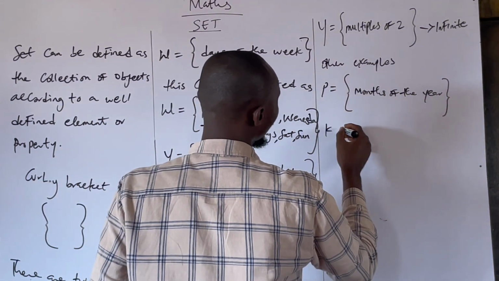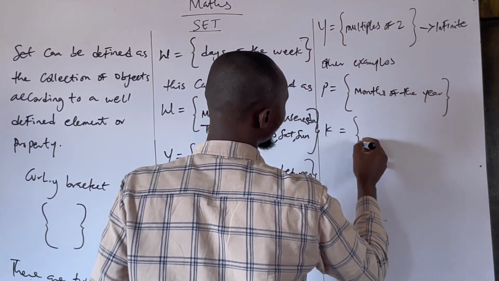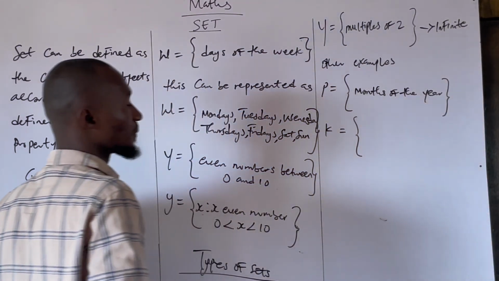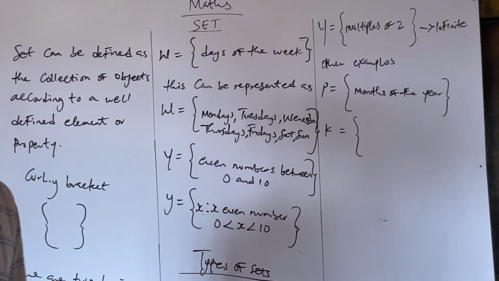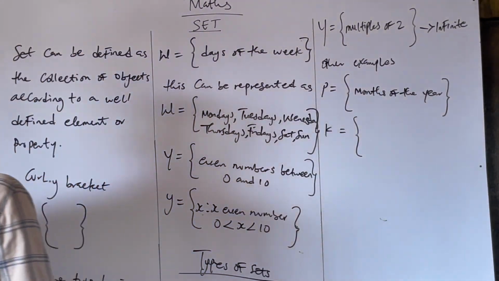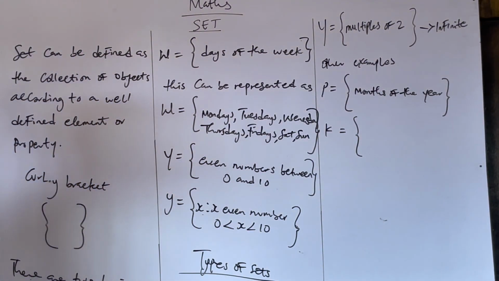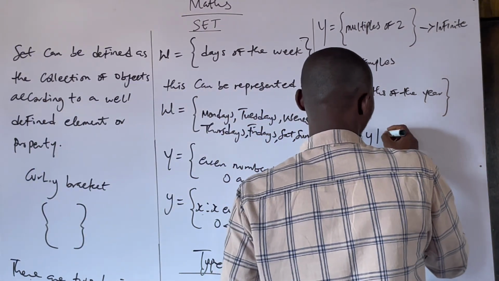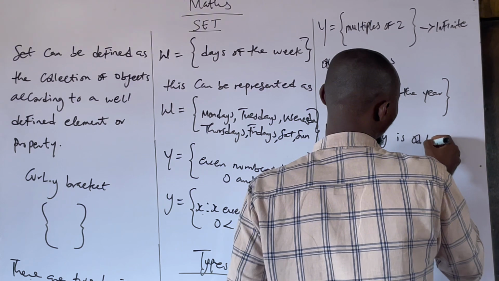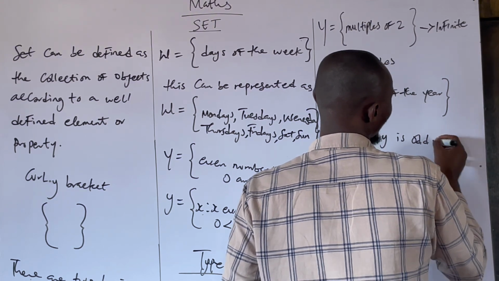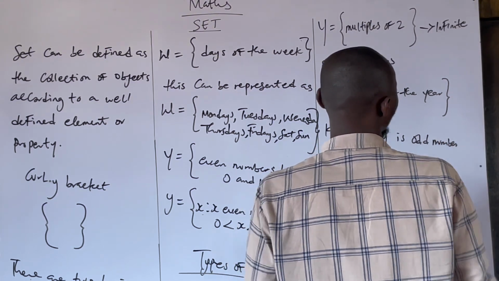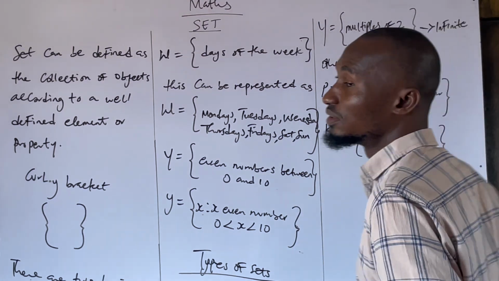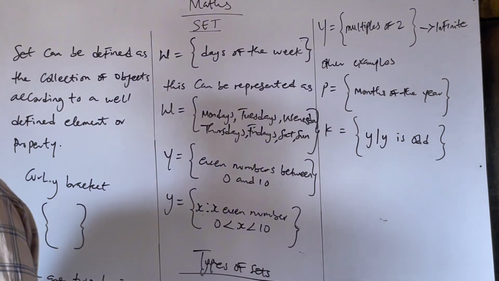Then maybe you say K equal to odd numbers. Do you understand? You can say odd numbers, or you can say something like y such that y is odd. You get my point now?